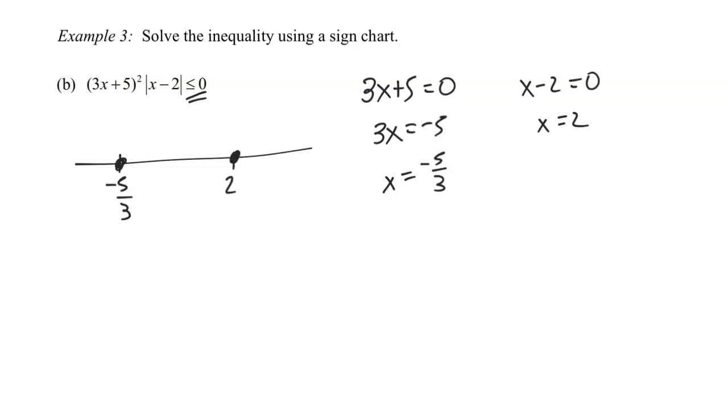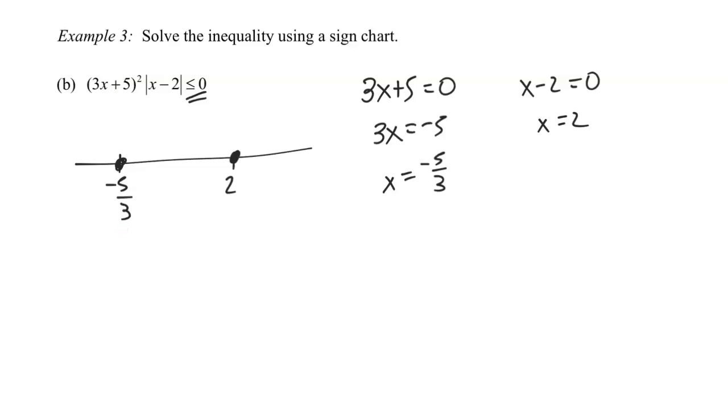Now, here's the thing about this problem. If you look at the first factor, it is a quantity that is being squared. That is going to always result in a positive. This is an absolute value. Absolute value is always positive. And so this function is always going to be positive or 0. And so we already know where it's going to equal 0 at negative 5/3 and 2.